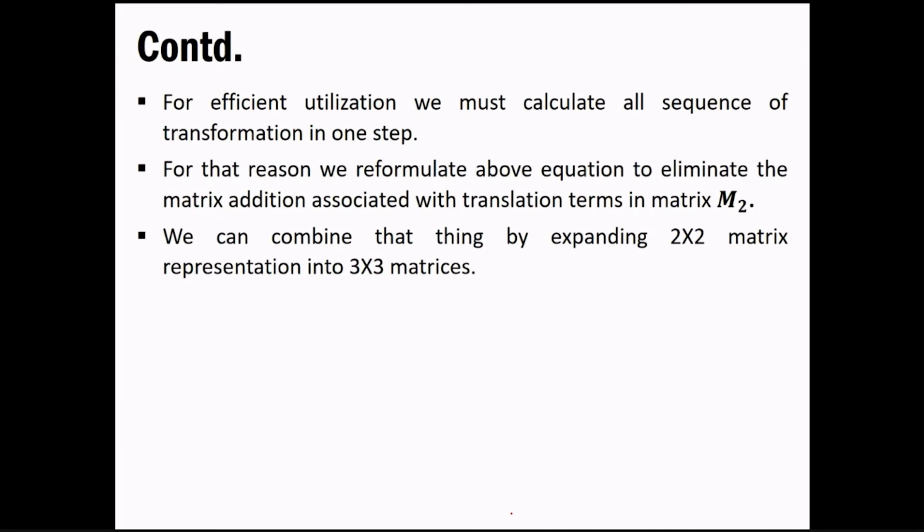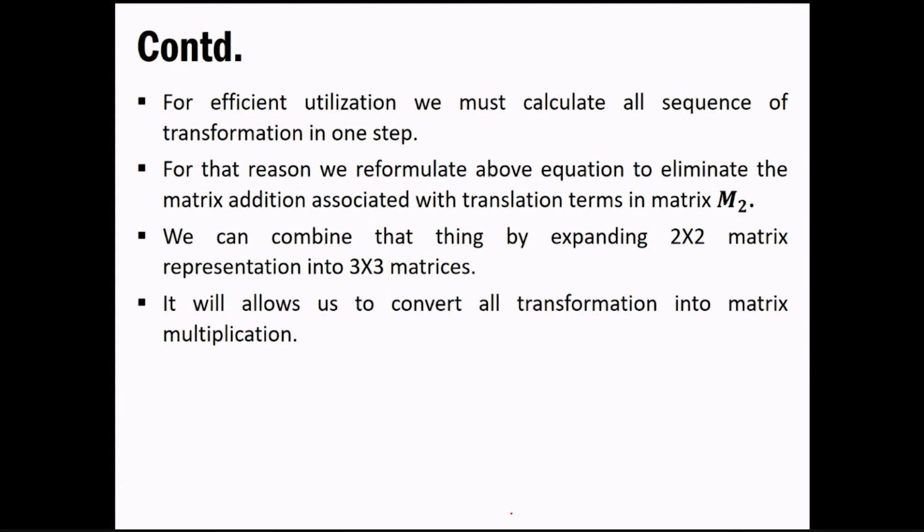We can combine them by expanding this 2 cross 2 matrix and representing the whole thing as a 3 cross 3 matrix. Now you will see how we can expand this. We can simply achieve this by putting in the homogeneous coordinate. It will allow us to convert all the transformations into matrix multiplications.